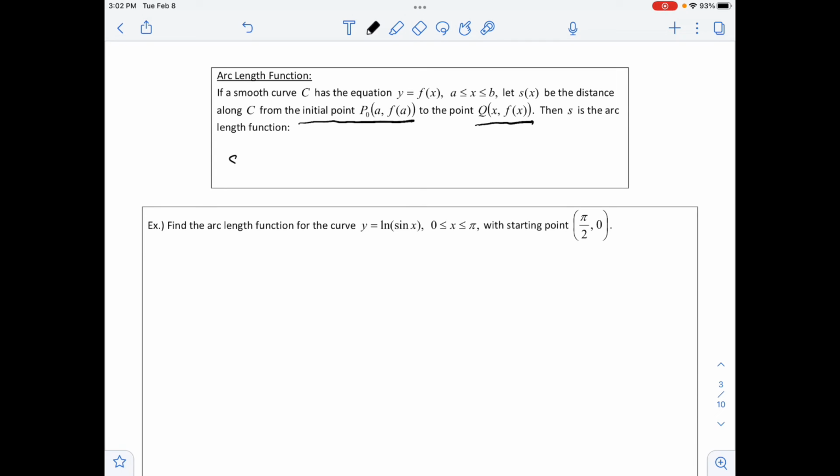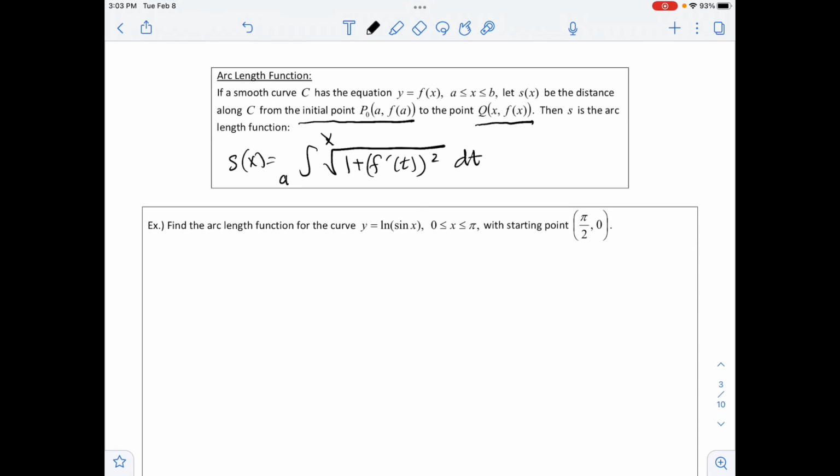So we're going to say s of x would equal the integral from a to x of the square root of 1 plus the derivative, evaluated at t, squared, dt. So this would give us a function that would allow us to evaluate it for any length.